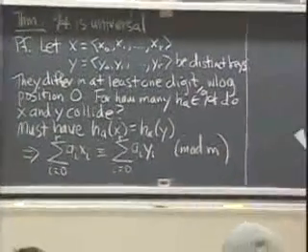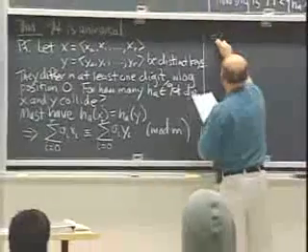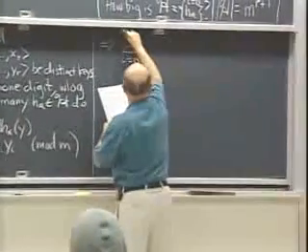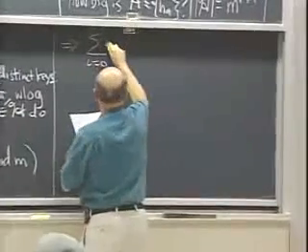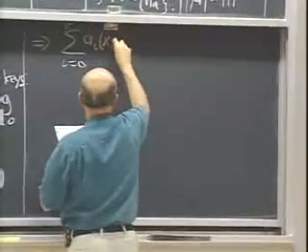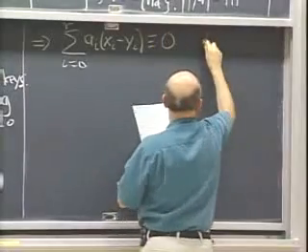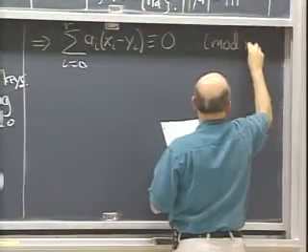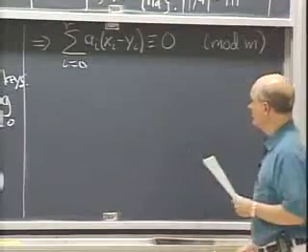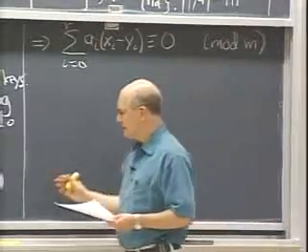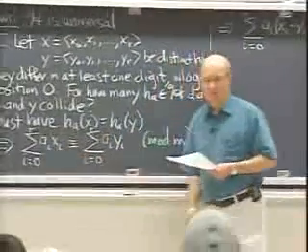So that implies that the sum of i equals 0 to r of a_i times (x_i minus y_i) is congruent to 0 mod m. Just threw it on the other side and applied the distributive law.